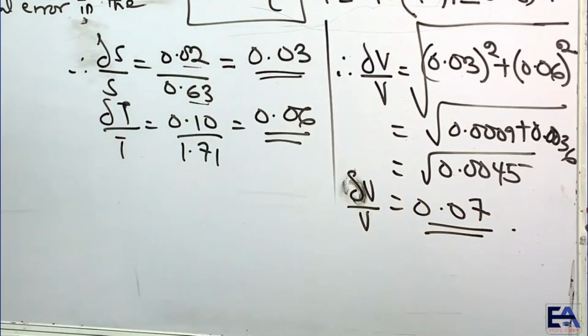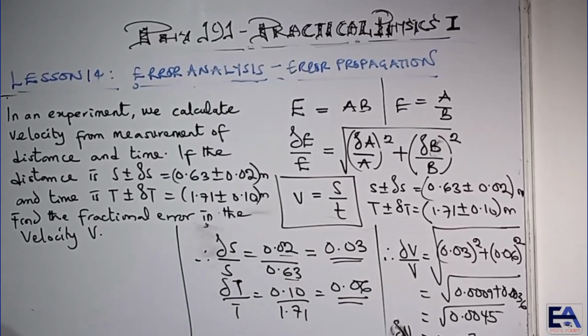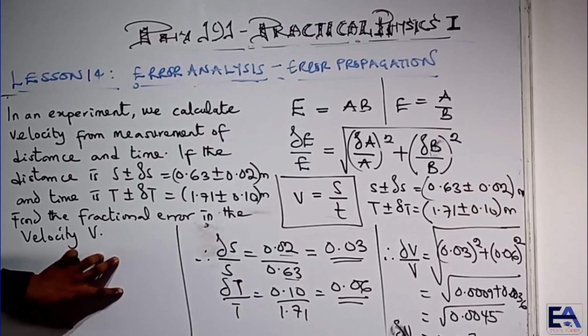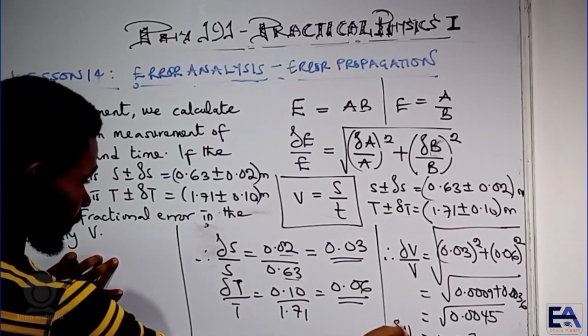So, all right, 0.07. That is del V over V. Please just follow me. Okay? Del V over V is 0.07.